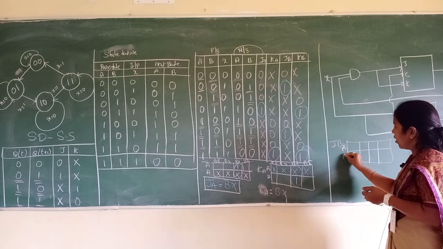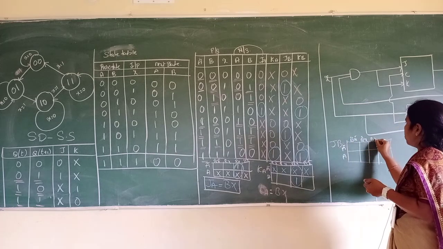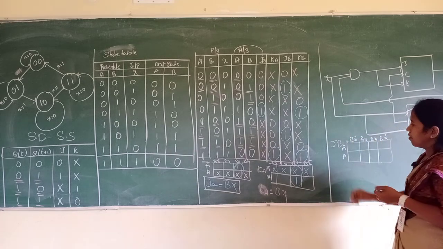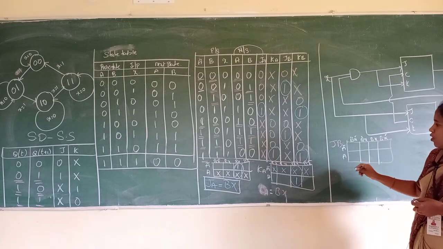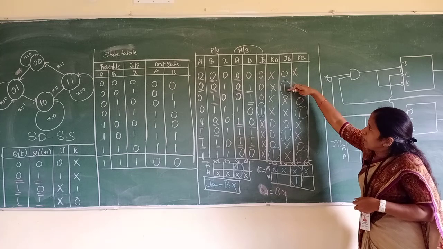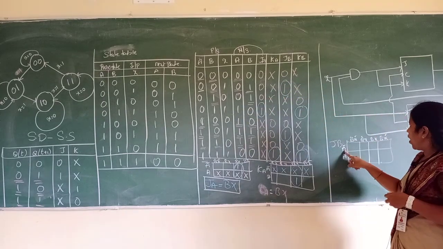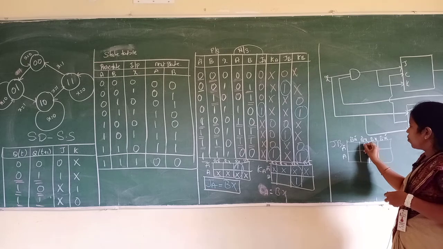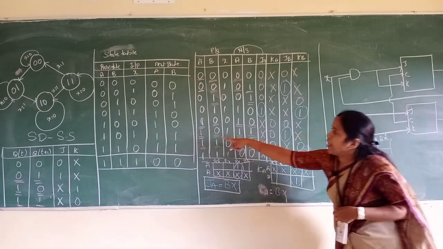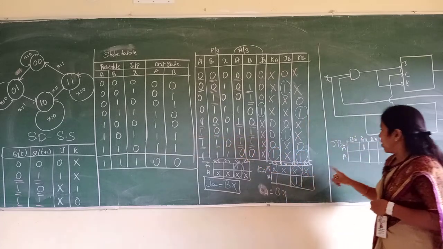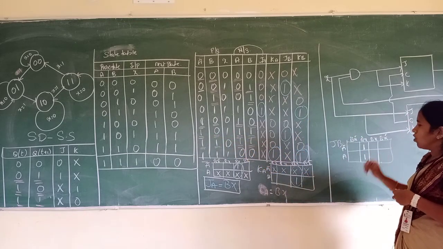A bar, A, B bar, X bar, B bar, X, B, X, B, X bar. Now for JB, where 1 is there, that is A bar, B bar, X, here you have 1. Next one, A, B bar, X, here you are getting 1.